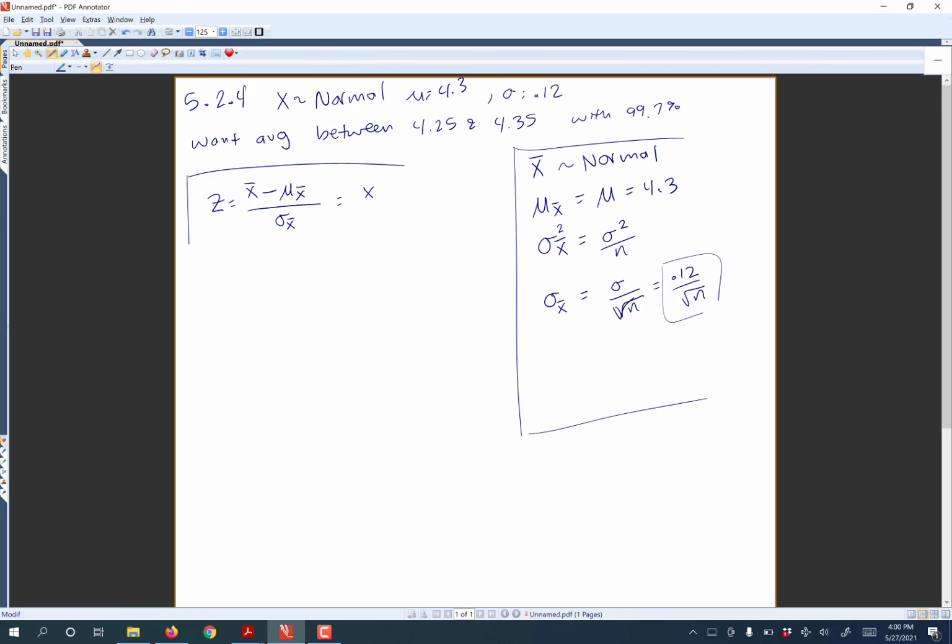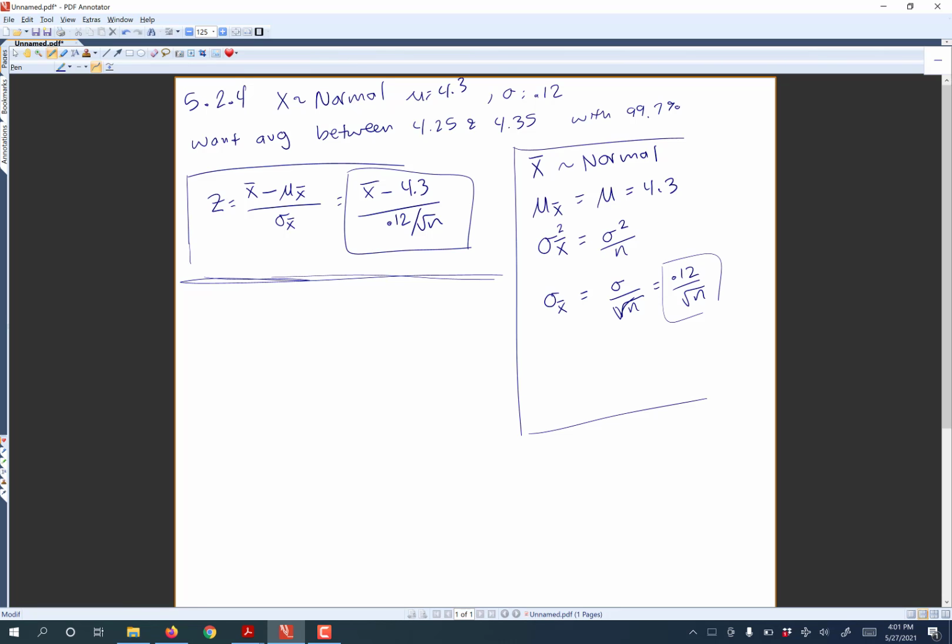So in this case, it'll just be whatever average we're interested in minus our mean, which we said is 4.3, over the standard deviation of 0.12 over the square root of n. So that is how we would find a z-value. We don't know the square root of n yet, and we're probably not quite ready to do the rest. So let's just keep that in mind.